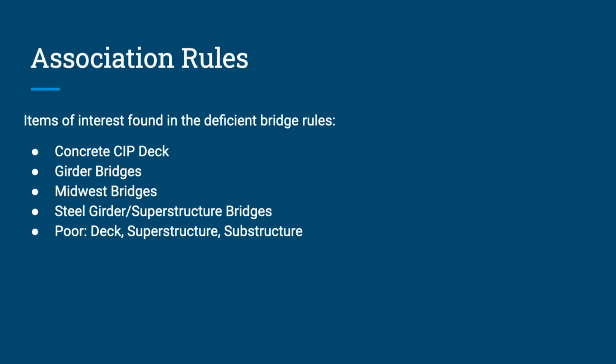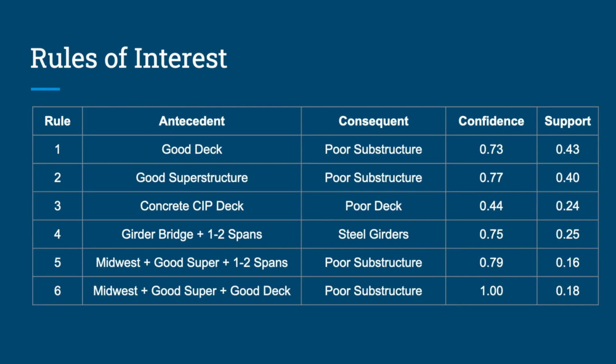A lot of the rules pertain to cast-in-place concrete decks, girder bridges, bridges in the Midwest, steel girder bridges, and then, of course, bridges with decks, superstructures, or substructures that were in poor condition. It should be noted, though, that one of those has to be true in order for the bridge to be in the deficient bridge data set. We'll talk about that in a second.